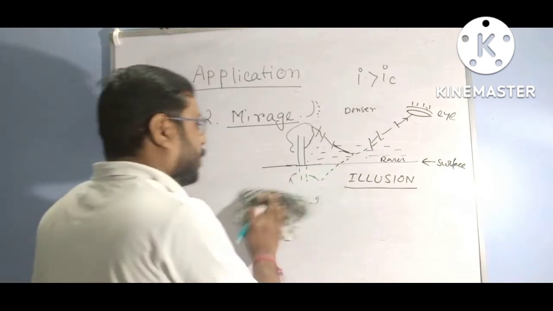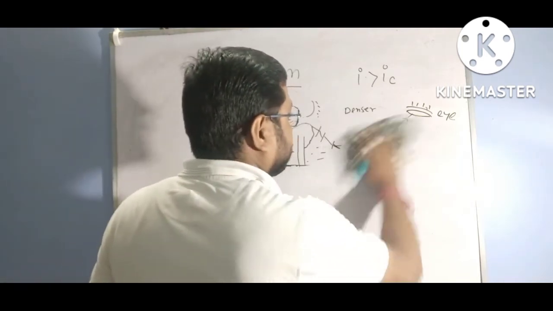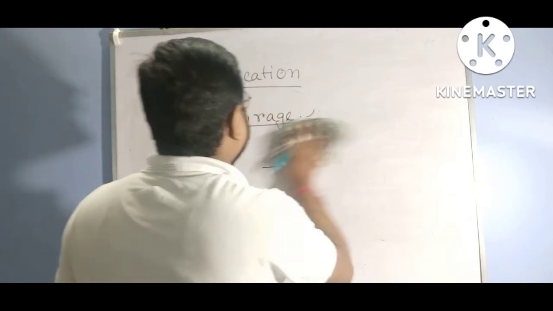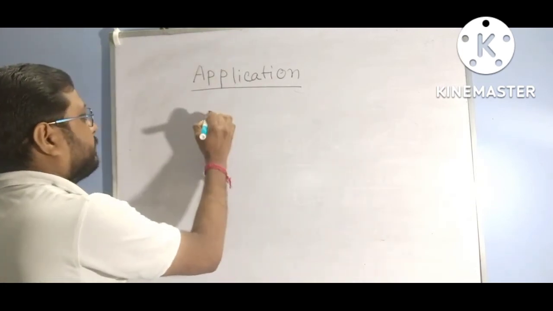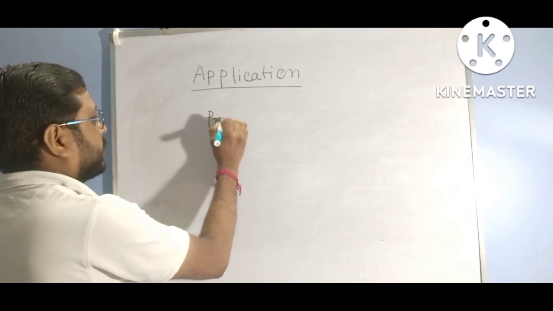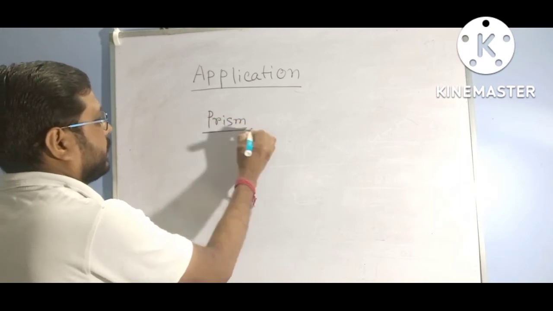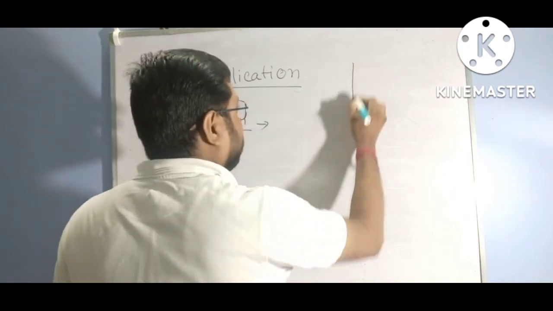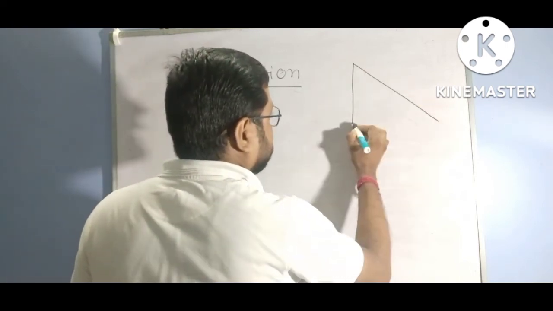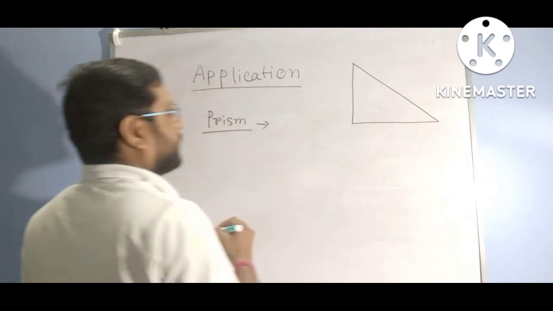Another important application is the total internal reflecting prism, in which an isosceles right angle prism is needed.